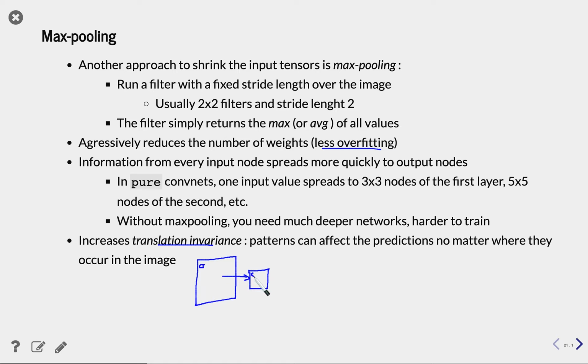And then the next convolutional layer can learn more abstract things, such as combinations of shapes or maybe circles or squares. And then the next layer will again learn more complex things. Also, we use max pooling layers again to increase translation invariance.